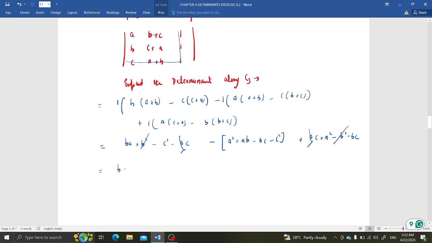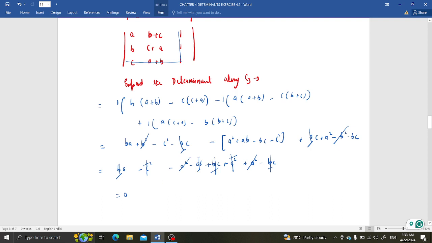From here we get ba minus c square minus a square minus ab plus bc plus c square, and here plus a square minus bc. Here a square cancels, ab cancels, bc cancels, and this one cancels. So the determinant value is 0.